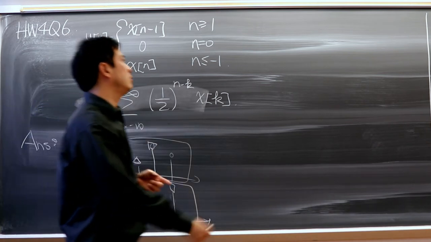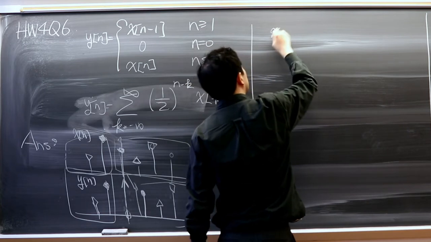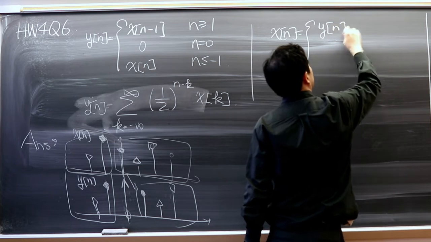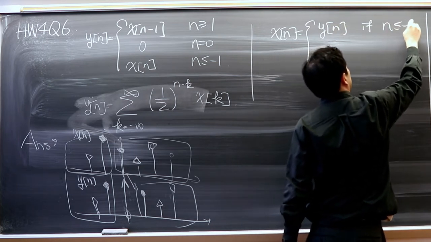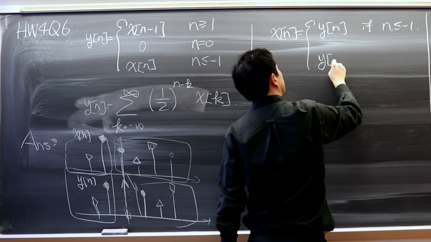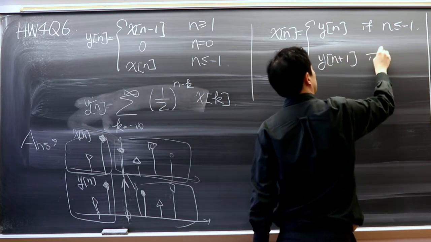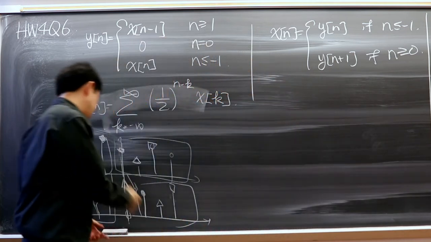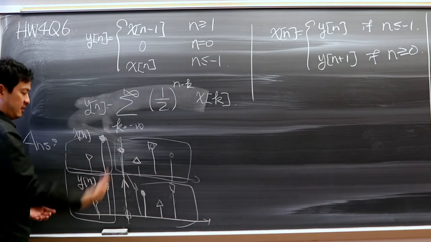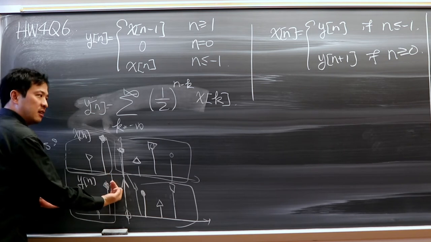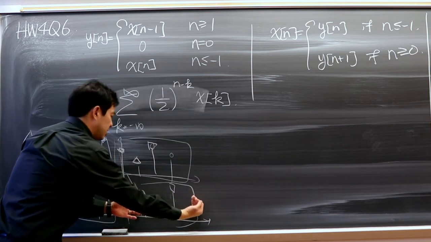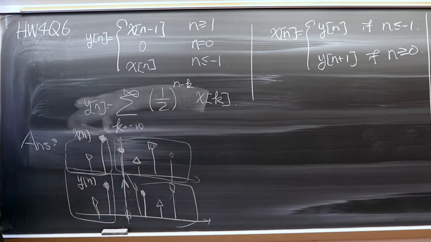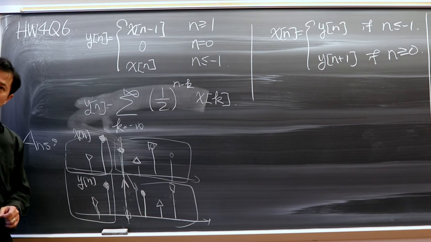If you really want to write it down, you write x of n is y of n if n is less than negative 1, y of n plus 1 otherwise. Basically, it just formalizes the operation: you keep everything on the left, and everything on the right you shift back to the center. Have I answered your question?